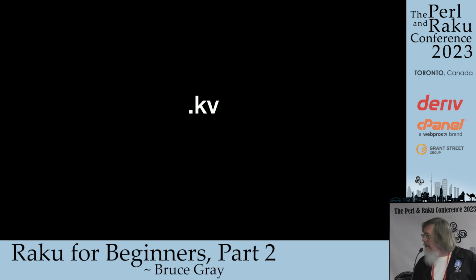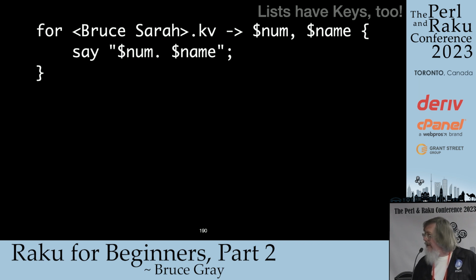Okay. And I was just talking about KV. So what am I going to get there? Sarah's my wife, by the way. I know someone answered earlier about what you get with keys on a list or an array. I also know we all ate a lot of sweets at the break.